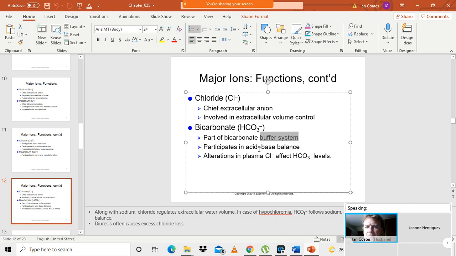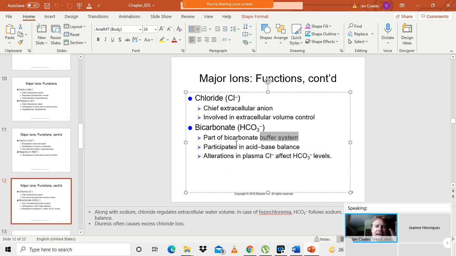Now, a buffer in chemistry is a compound that we can add to a system. Let's say I have a glass of something and I've added some buffer to it. Now this system has been, quote unquote, bufferized, which isn't a word, I just invented it.